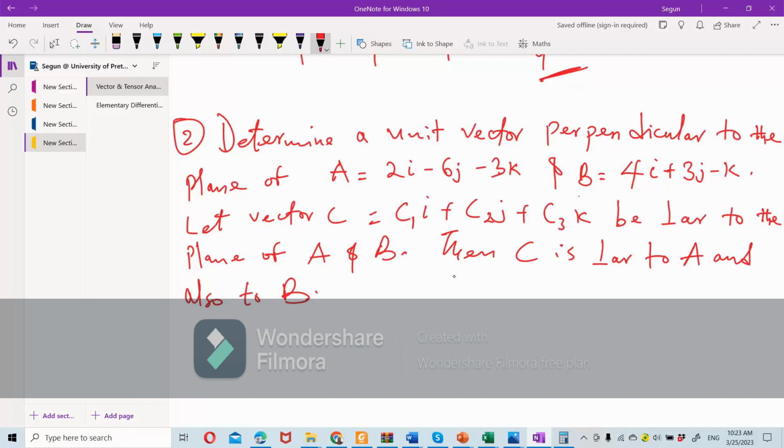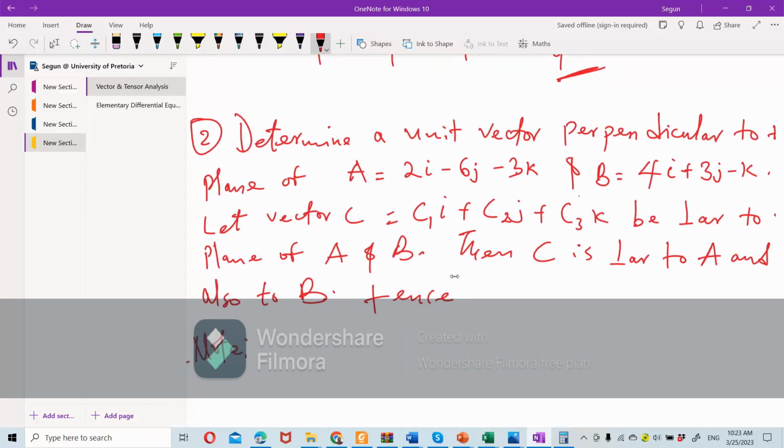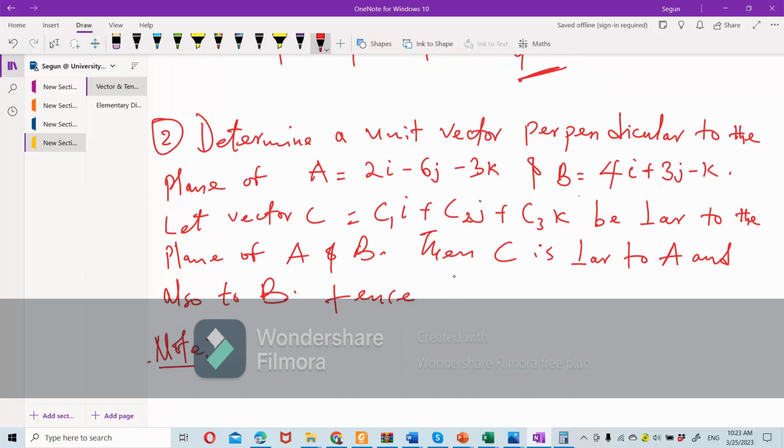So, hence, let's look at this. What is the definition of perpendicular from day one? Note that, let me just give you this so that you can have an idea. Notes.